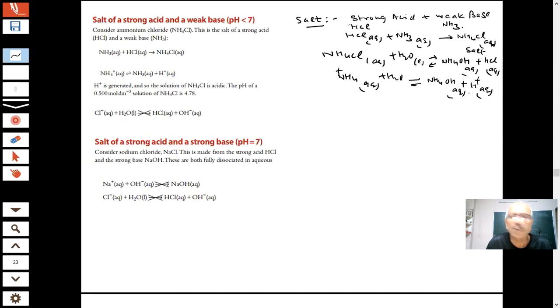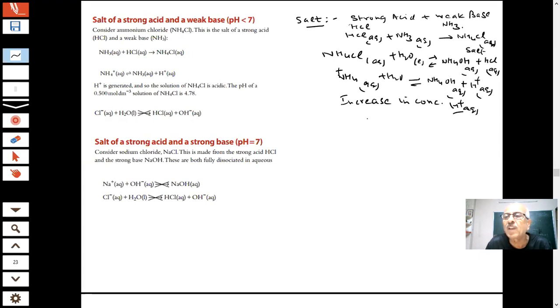But H plus ion, this means that there is an increase in the concentration of H plus ions in this case. Then what will happen?